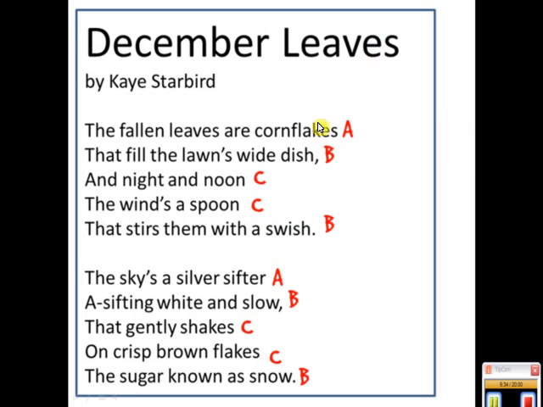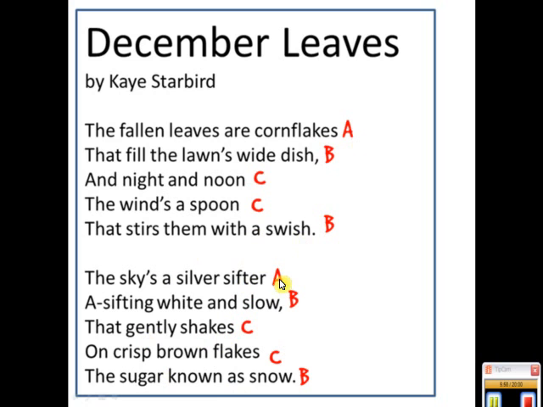For example, this is one stanza with 1, 2, 3, 4, 5 lines. And this is another stanza with 1, 2, 3, 4, 5 lines. As you can see, this stanza begins with A. This one is also A.